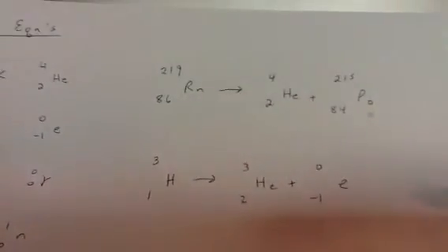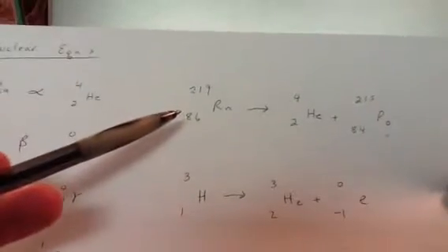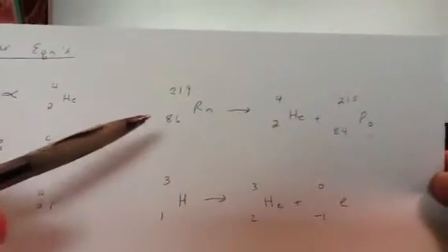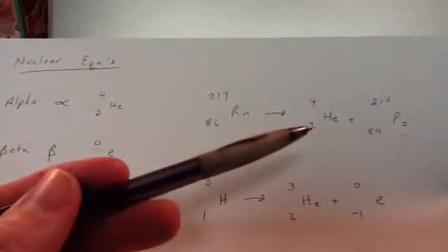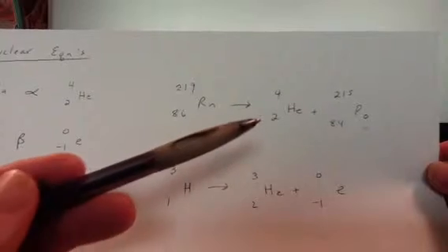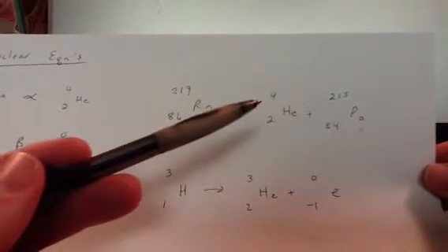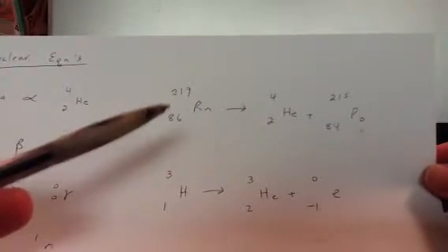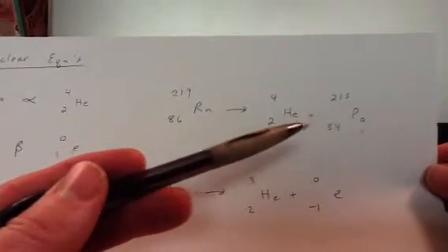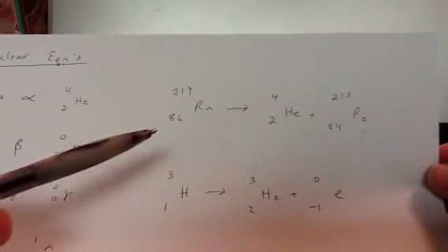Now when we write a nuclear equation, what we want to end up having is the left side equal the right side. So for the first one, it's 219 over 86 Rn. This would be considered to be alpha decay because a helium 4 over 2 is breaking down. So if you notice here, 215 plus 4 equals 219. 84 plus 2 equals 86.